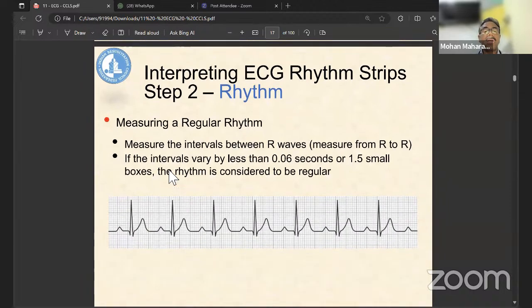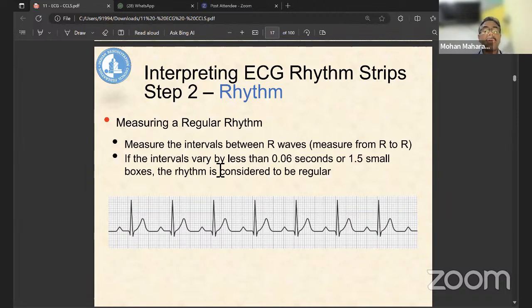So in measuring a regular rhythm, measure the interval between the R waves. Normally from R to R, that means from here to here. You look at it here, 1, 2, 3, and almost 1, 2, 3, 4. You look at here, 1, 2, 3, and again this one. So whether it's regular depends on this. Please understand the interval variation, because most of the time it can be 0.06 seconds, normally up to 0.12.